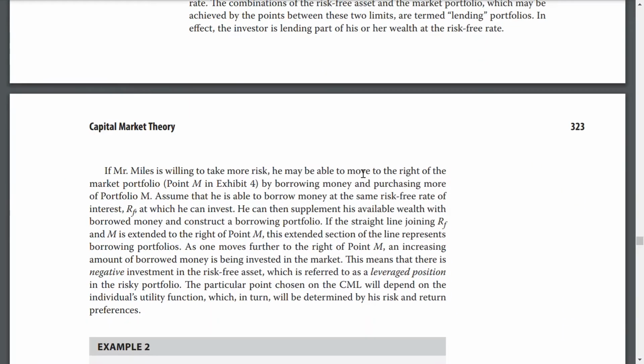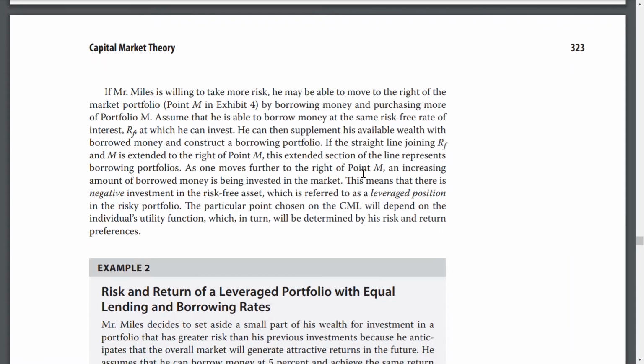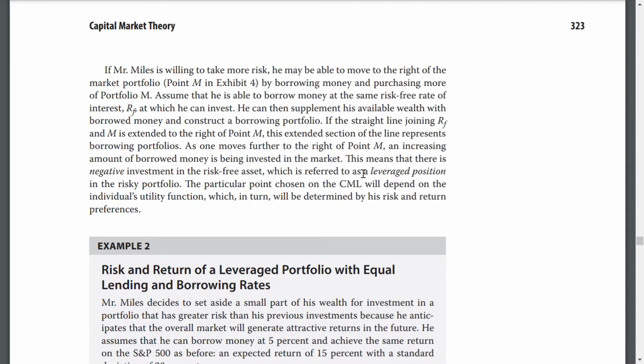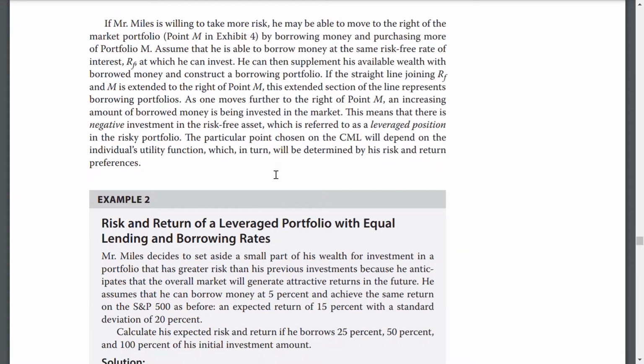If Mr. Miles is willing to take more risk, he may be able to move to the right of the market portfolio by borrowing money and purchasing more of portfolio M, assuming that he is able to borrow at the same risk-free rate of interest, RF, at which he can invest. He can then supplement his available wealth with borrowed money and construct a borrowing portfolio. If the straight line joining RF and M is extended to the right of point M, this extended section of the line represents borrowing portfolios.